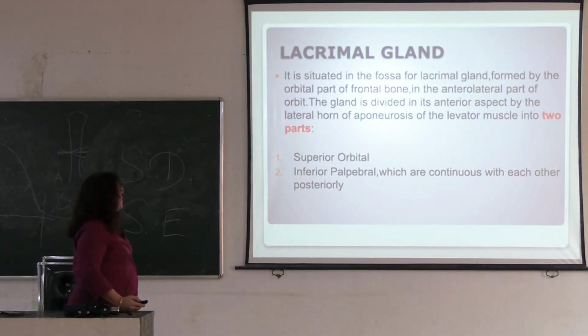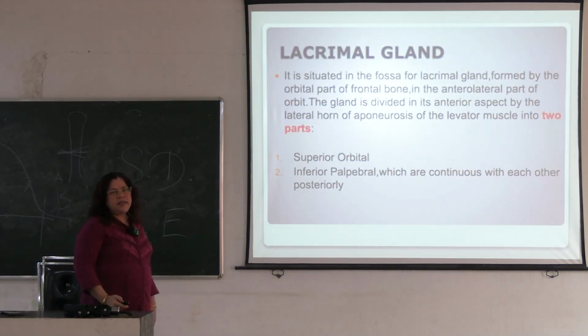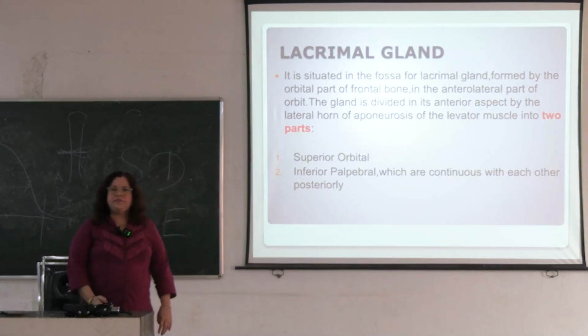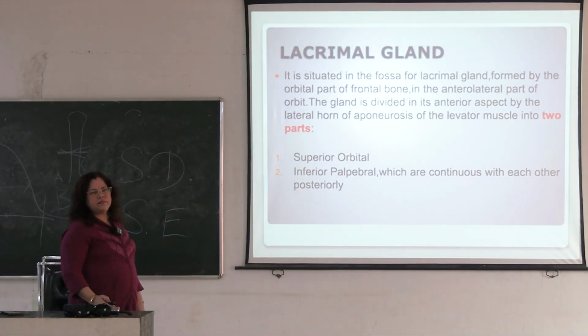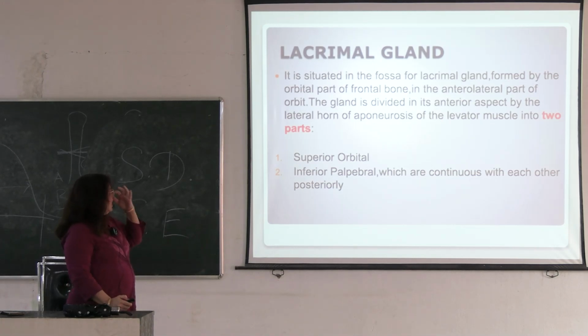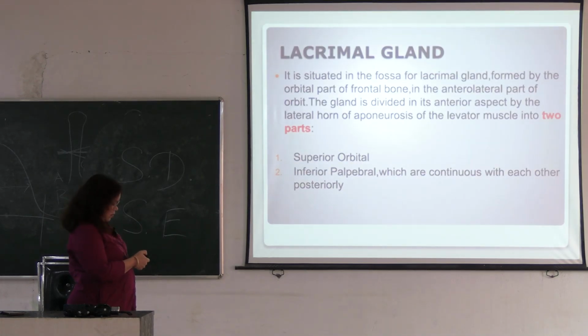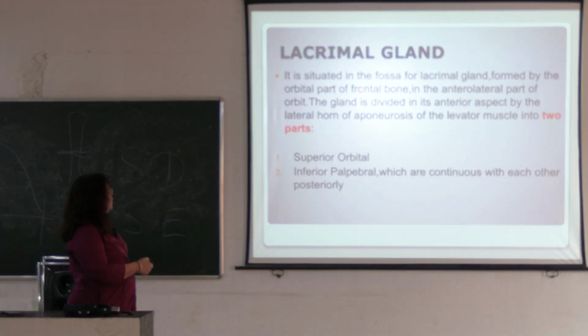Then lacrimal gland. Where is the lacrimal gland situated? Lacrimal gland is situated in the fossa of lacrimal fossa, and it is formed by the orbital part of frontal bone and the anterolateral part of the orbit.